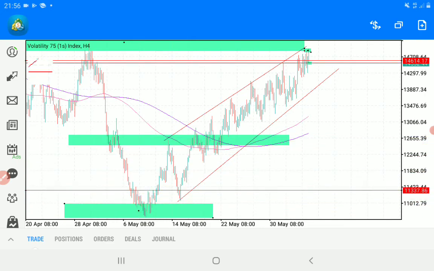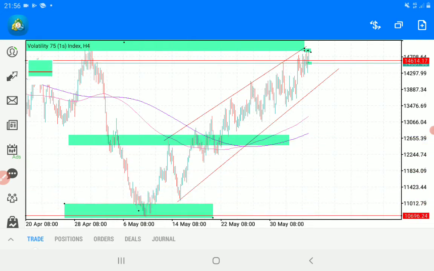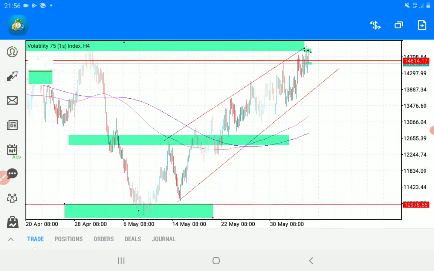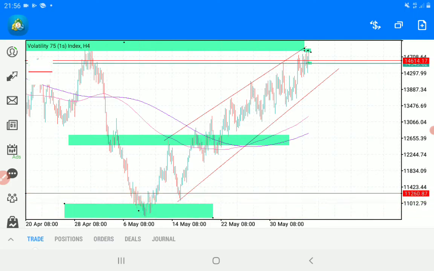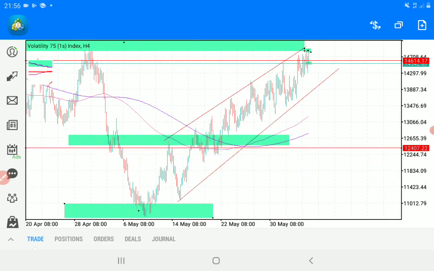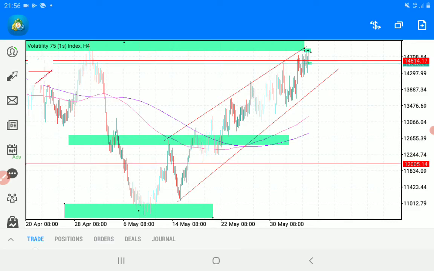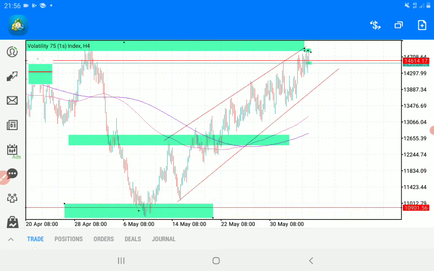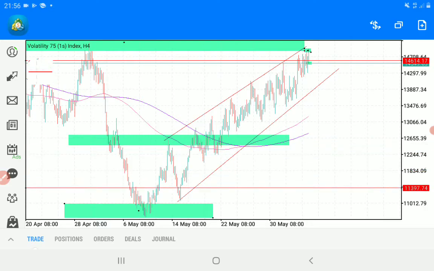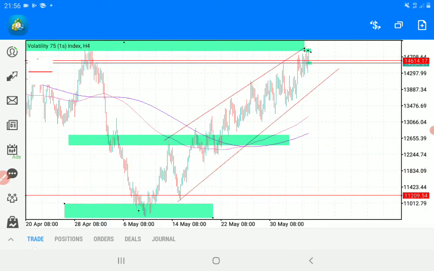And look at this. This is your support. It forms a V, and then it forms a neck, right? Or a head, or let's say this is a shoulder. It forms a head, and then it forms a shoulder, right?